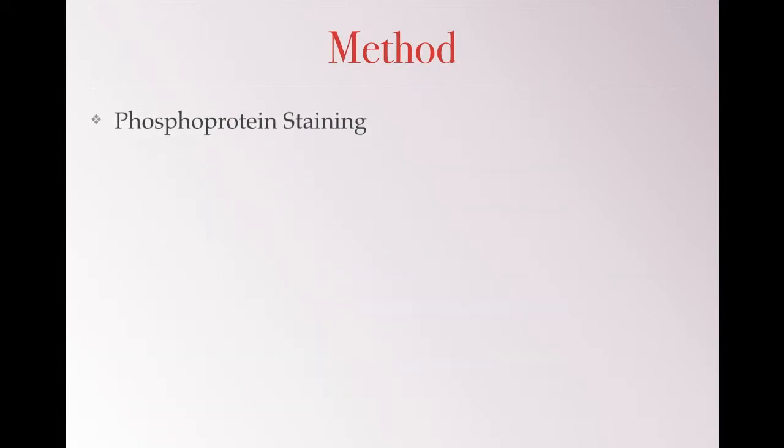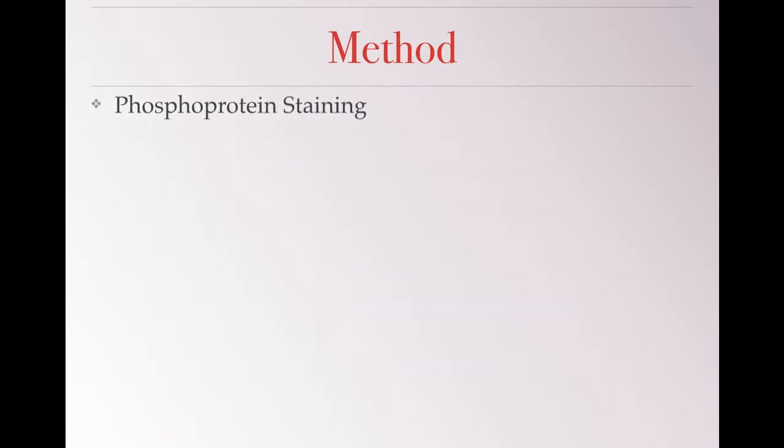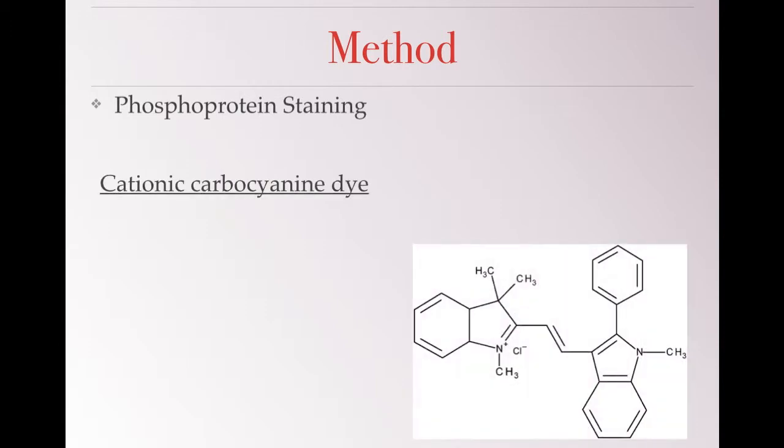In 1973, phosphoproteins were detected through a phosphor-specific dye called cationic carbocyanine dye, which is stained in acrylamide gels. It has been widely used for over 40 years. However, it has low sensitivity, several orders less than 32P radioactive labeling.